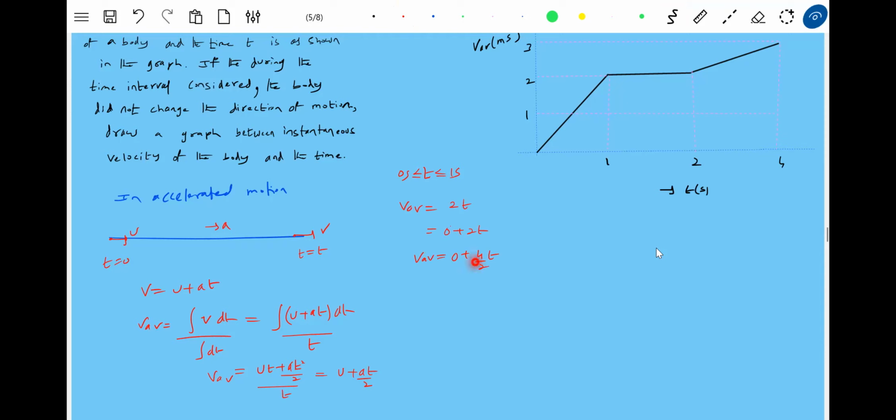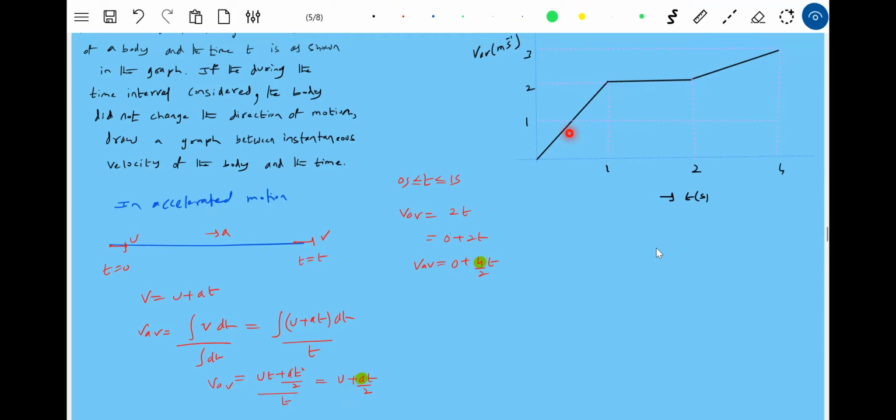So in place of acceleration, we have 4. Try to correlate. So therefore, for 0 to 1 second, the body is going to describe uniformly accelerated motion with an acceleration, comparing equations 1 and 2, we'll get acceleration as 4 meters per second square. Then what was the initial velocity? It will be 0.